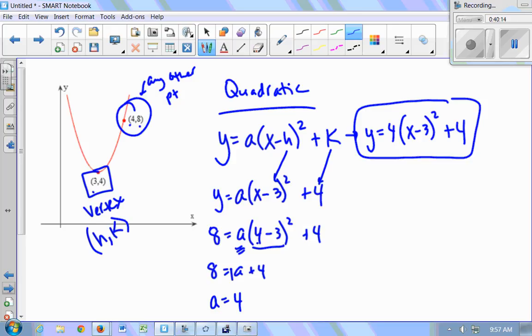Then once you know what a is, you go back to your original formula, put in your h and your k for your vertex, and the a you just solved for. Yes, this is the standard vertex form.